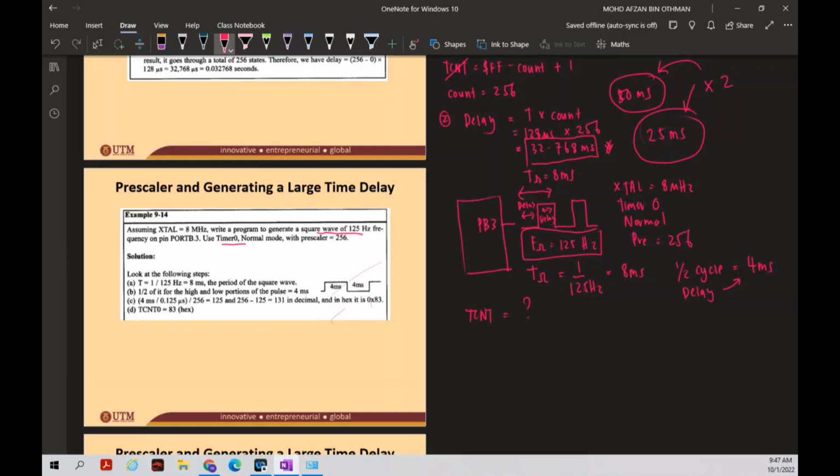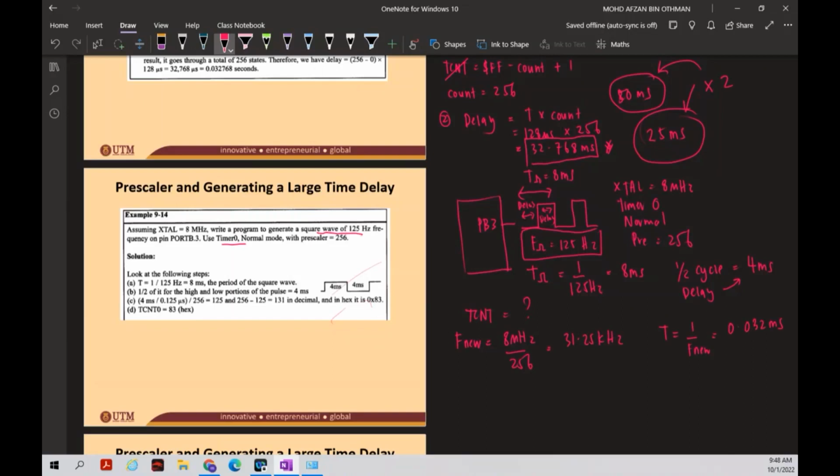So first, get the F new, which is your crystal divided by prescale, 8 megahertz divided by 256. You will get 31.25 kilohertz. From here, find the new T, which is 1 over F new, and you will get 0.032 milliseconds or 32 microseconds.